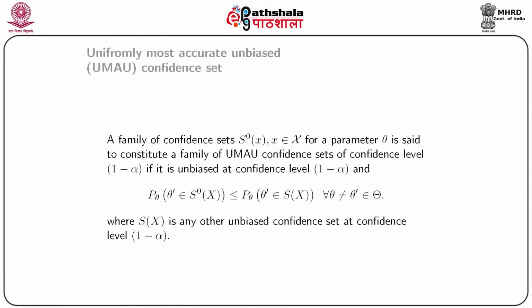A family of confidence sets S₀(x), where x belongs to 𝒳, for a parameter θ is said to constitute a family of UMAU confidence sets of confidence level 1 − α if it is unbiased at confidence level 1 − α, and P_θ(θ' ∈ S₀) ≤ P_θ(θ' ∈ S(x)) for all θ ≠ θ', and for all S satisfying the above conditions 1 and 2.